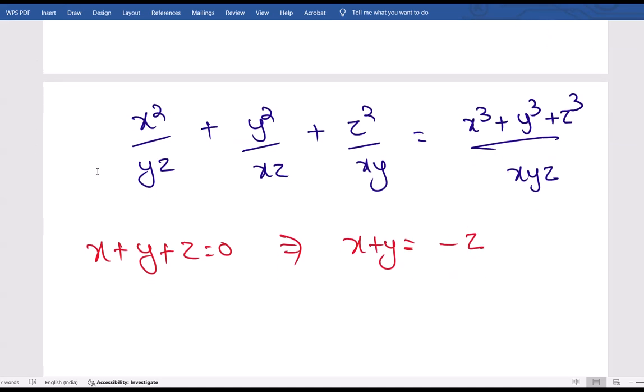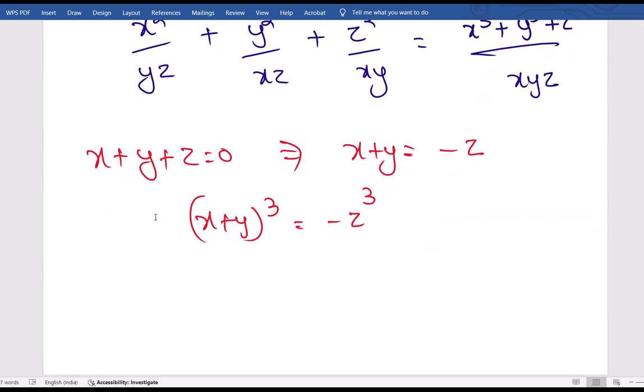Now take the cube on both sides. x plus y whole cube equals minus z whole cube. The power is an odd number, so the minus will come out. Now what is it? a plus b whole cube is a cube plus b cube plus 3ab into a plus b, that is 3a square b plus 3ab square. You can also write it like this, that is important for this question.